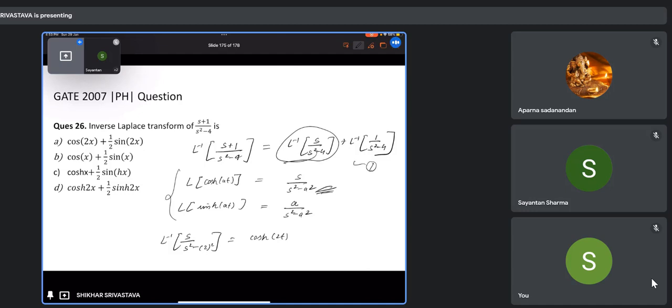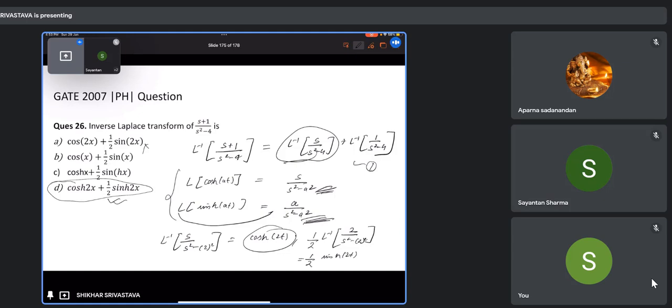For the second term, you multiply and divide by 2, so you can write it as 1 by 2 times Laplace inverse of 2 upon (s square minus 4), which is sine hyperbolic 2t. So cos hyperbolic 2t plus half of sine hyperbolic 2t. So yeah, option D is correct: cos hyperbolic 2t plus half of sine hyperbolic 2t.